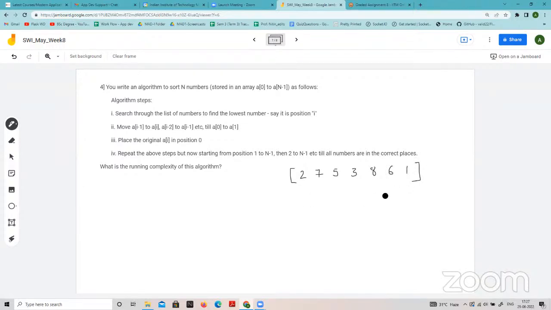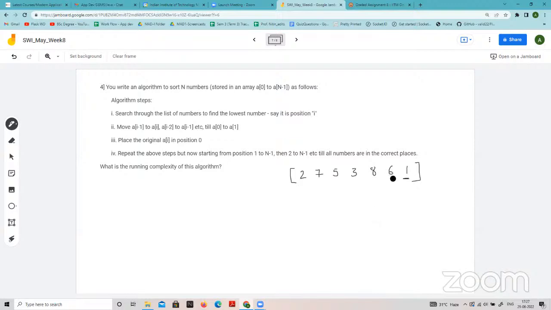Okay, now I want to sort this array. So what we are doing: search through the list of numbers to find the lowest number. All right, the worst case to get the lowest number is you have to compare this with this with this with this, so many comparisons, and then you will find out, okay, finally you come to 1, the lowest number in this array.